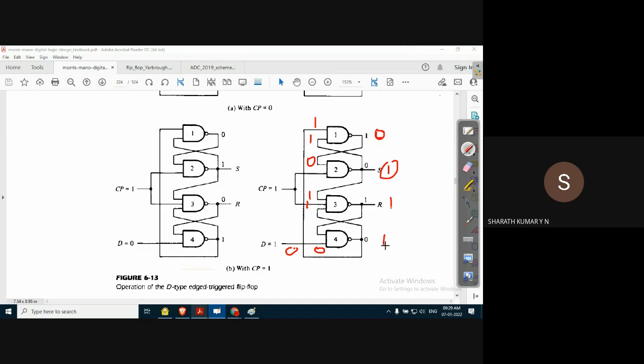The output of the fourth NAND gate is 1, this is 1, so R transitions to 0. Because of this transition of R to 0, this input is 0, which will force the output of the fourth NAND gate to remain at 1. No problem. So what we find is that S and R change state from 1, 1 to 1, 0.